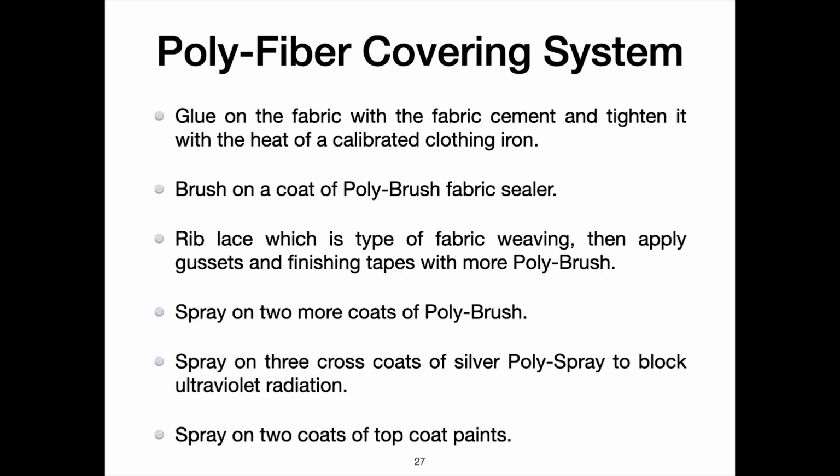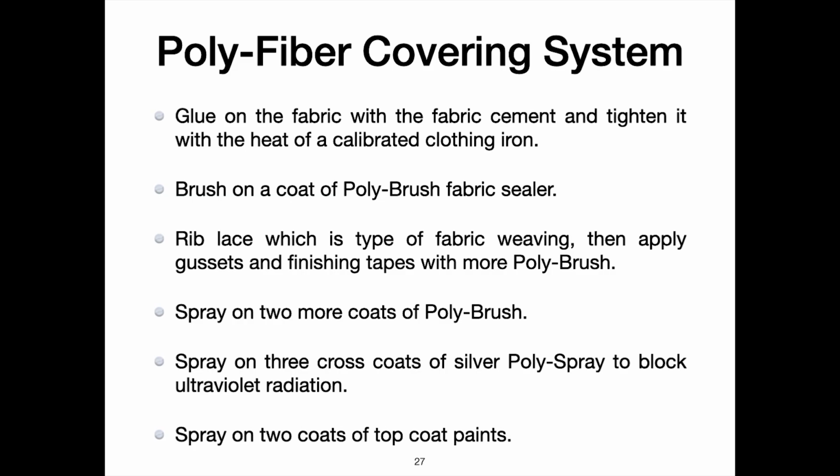Step 2, brush on a coat of Polybrush fabric sealer. Step 3, rib lace, which is a type of fabric weaving, and then apply gussets and finishing tapes with more Polybrush. Step 4, spray on 2 more coats of Polybrush.